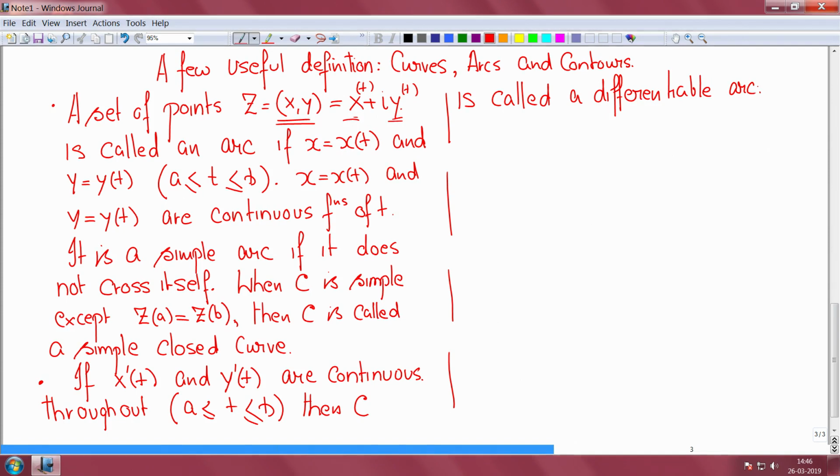We will take some examples a little later so that this becomes clearer.